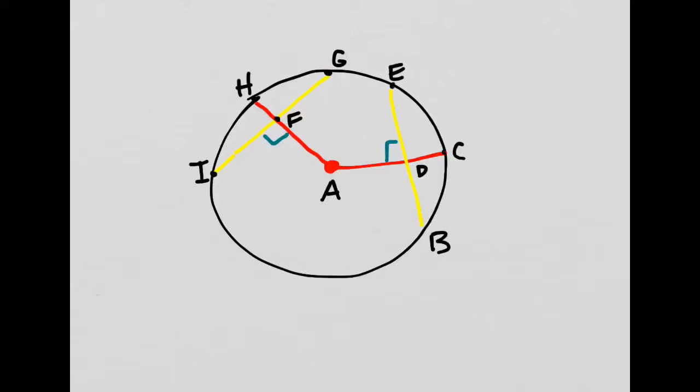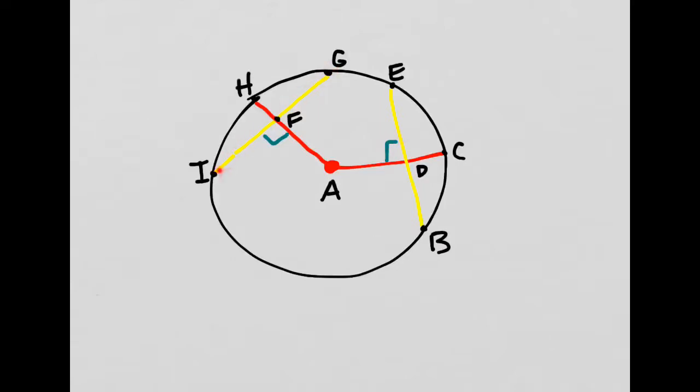Again, if it's a chord, the two endpoints are on the circle, and it does not go through the center. If it does, that's a diameter, and that's still technically a chord. Every diameter is a chord, but it's a unique one. So if I know that these are perpendicular, then there's a lot of information that I also know.